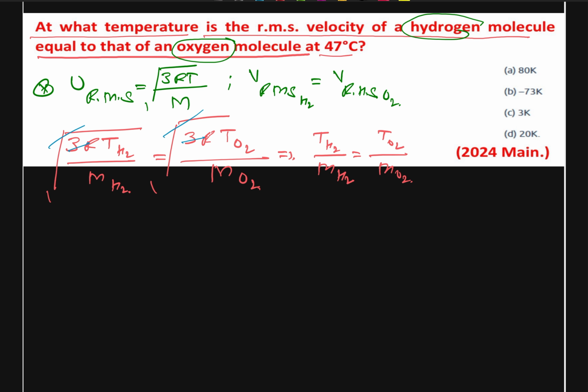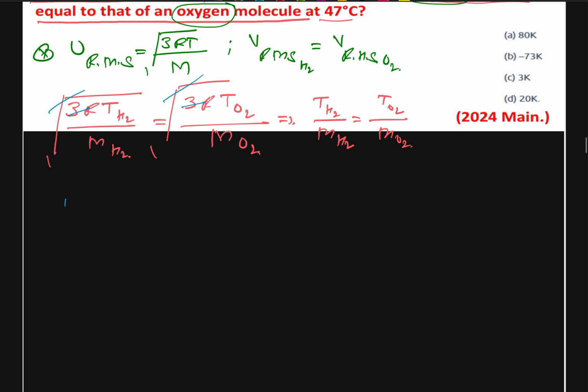Therefore, the temperature of hydrogen is equal to the temperature of oxygen multiplied by the molar mass of hydrogen divided by the molar mass of oxygen. All these things we know. The temperature is given as 47 degrees centigrade, so in absolute terms that is 47 plus 273, which is 320.